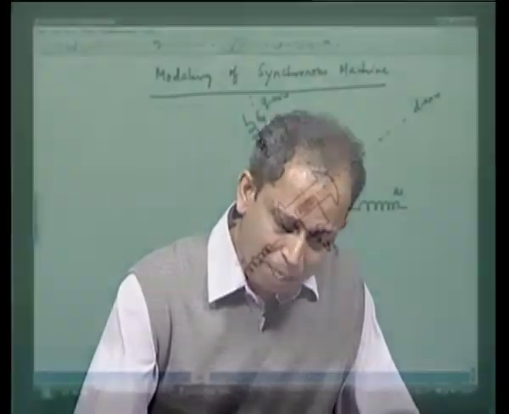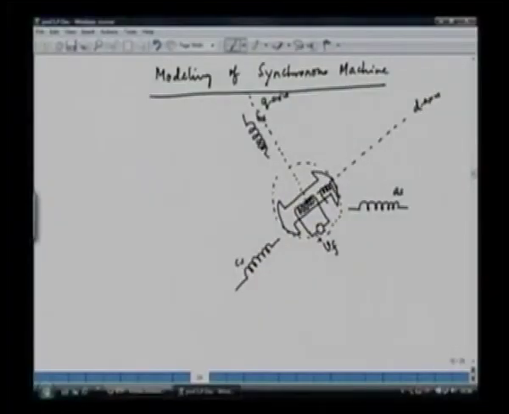So we have the D axis damper winding, which is shorted by copper bars, and then we have the Q axis damper windings, which are also shorted, and they function like induction motor winding. The field winding is called F, and the damper winding in the D axis is called KD. K stands for damper winding, and the damper winding in the Q axis is called KQ.